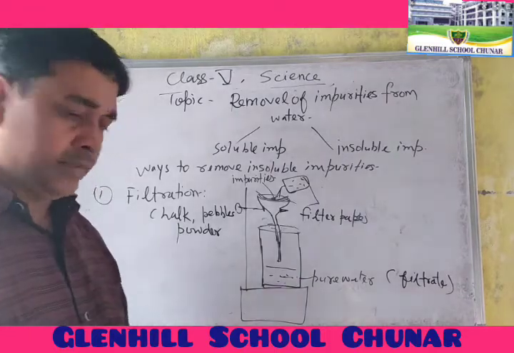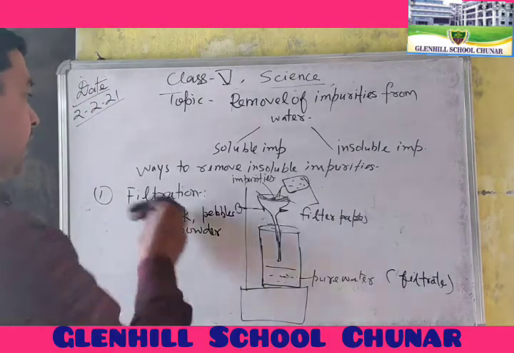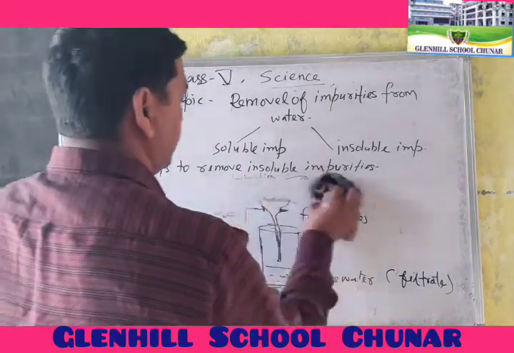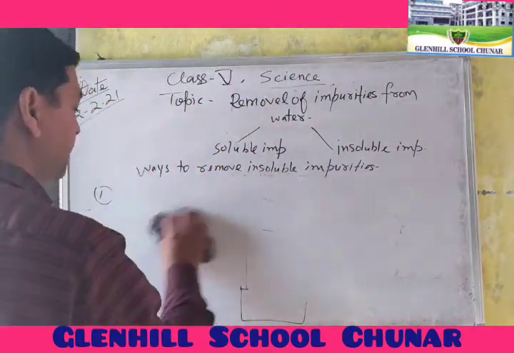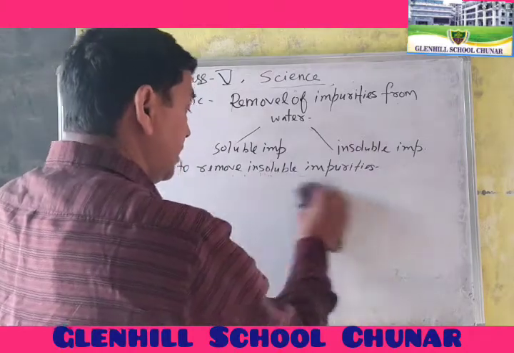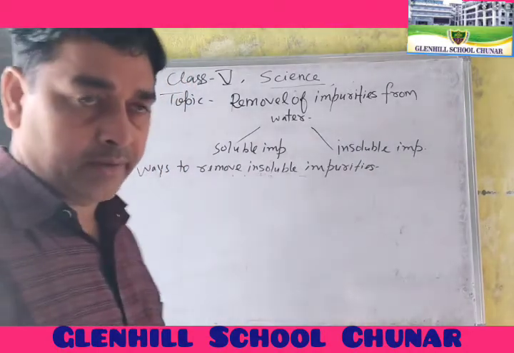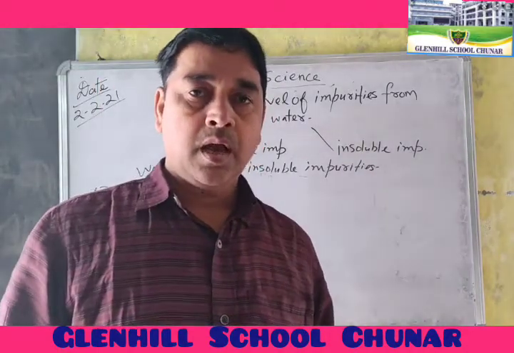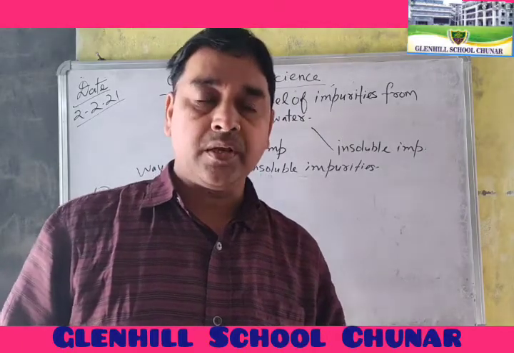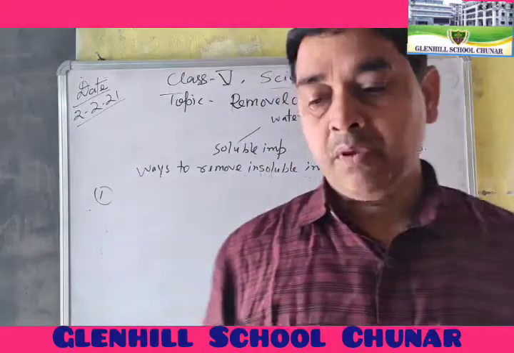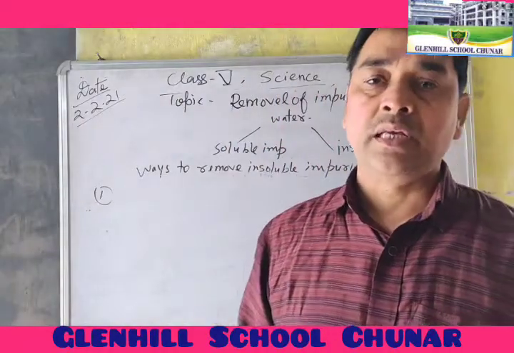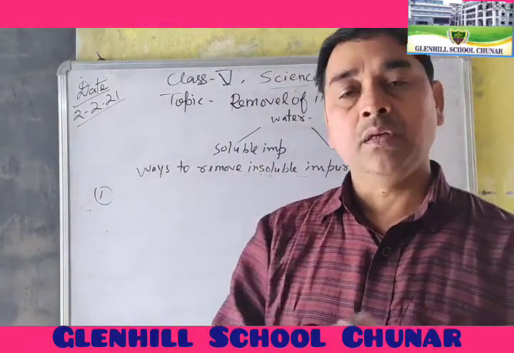Second is sedimentation and decantation. Very simple. Take the impure water and keep the beaker for a few hours. The heavy objects in the water settle down at the bottom of the beaker.